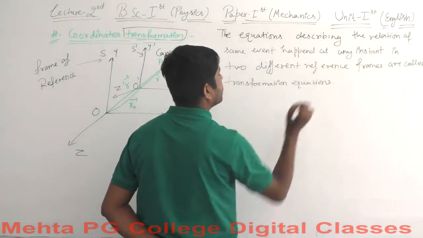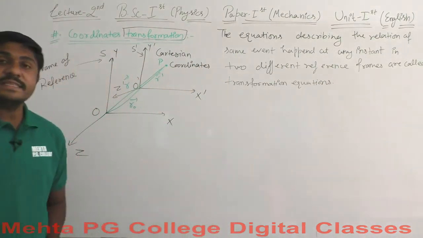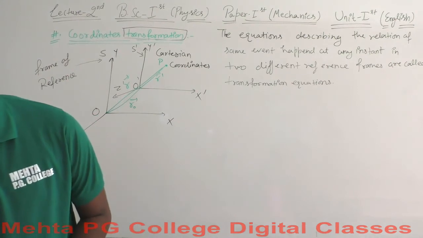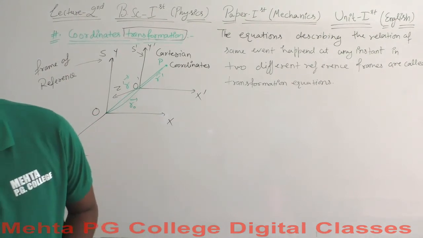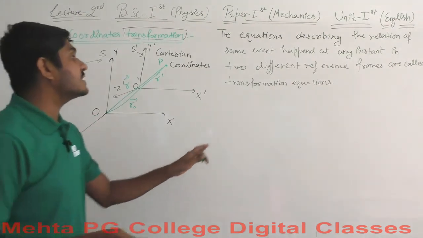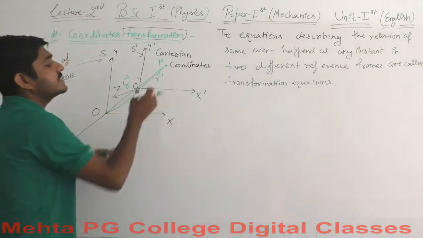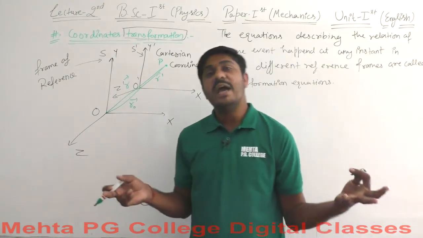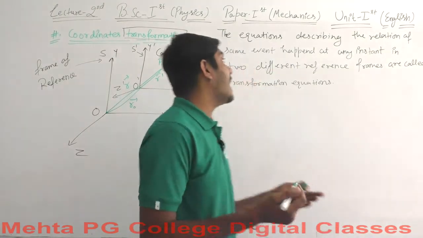Transformation equations. Well, the same event has happened within both of these frames, and then it is termed a transformation. For example, this point P, you can consider it as a point, or as an event if it is happening.